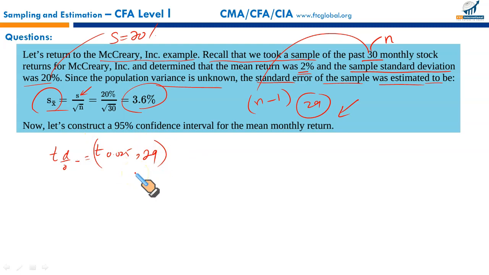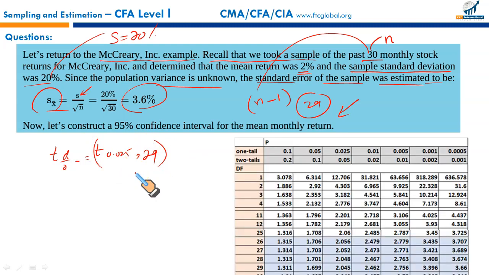No science, no difficulty. Just go to the t table given at the end of every book, more specifically the one that carries statistics stuff. Here it is now. t 0.025 right here at 29.